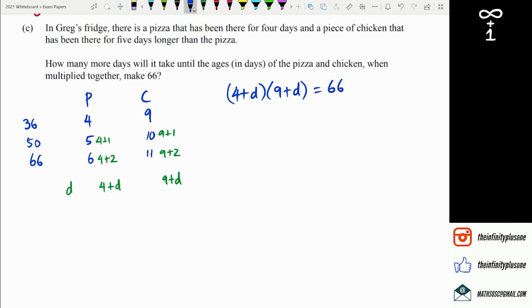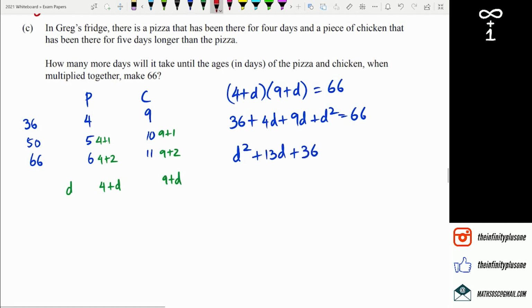Expanding this out, we get 36 plus 4D plus 9D plus D squared equals 66. Rearranging, or simplifying it, D squared plus 13D plus 36 minus 66 is now equal to 0. So we've got D squared plus 13D minus 30 equals 0.